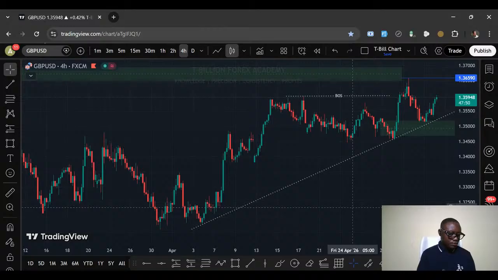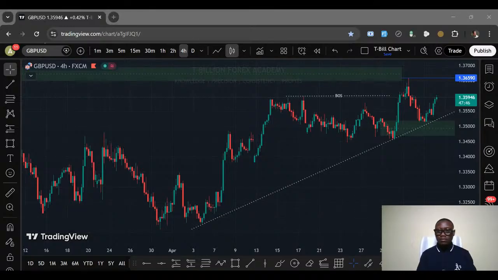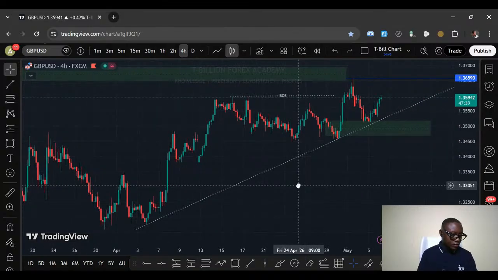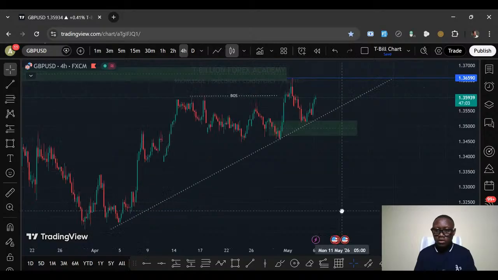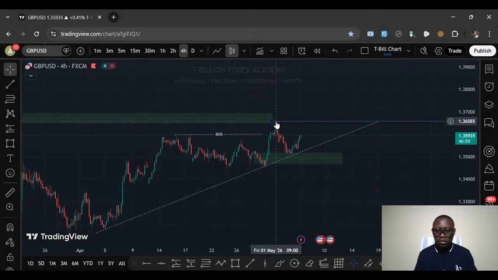So on the 4H, let's look at the 4H price action. All right, so this is our external liquidity.